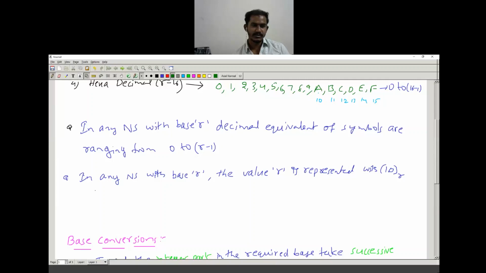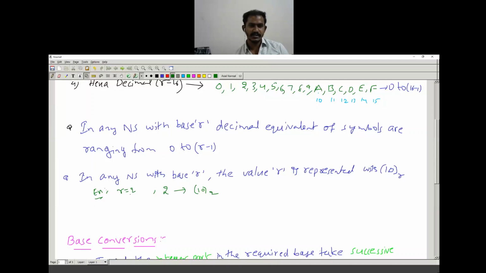For example, I'm taking base r equals 2, and the value r, that is the base 2 value, will be represented by 10 base 2. So here, in any number system with base r, the value r is represented with 10 base r.